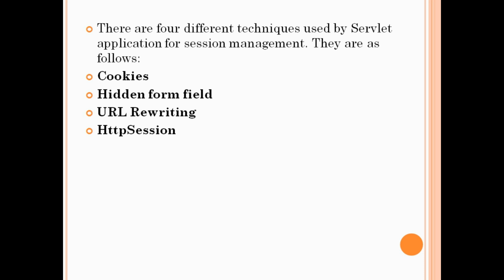A hidden form field is nothing but using input type equal to hidden, so the form field can be enabled, and based on that also you can track user information. The third one, URL rewriting, appends an additional value and passes it on to another page, so by using that also you can track a session easily. HTTP session is used to store the entire session with a specific client, and you can retrieve, store or remove attributes using the HTTP session object.